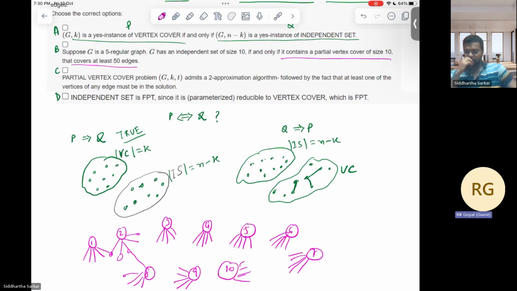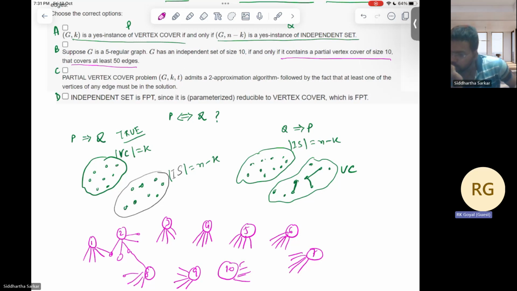Okay. And now they are saying that if and only if, suppose G is a 5 regular graph, G has an independent set of the size 10 if and only if it contains a partial vertex cover of the size 10. Cover of the size 10 means that there would be 10 vertices which cover at least 50 edges.